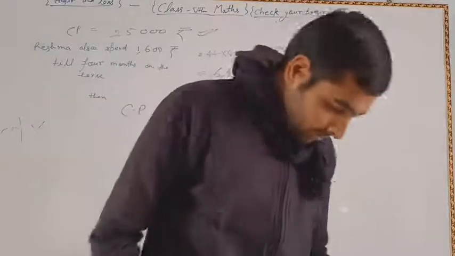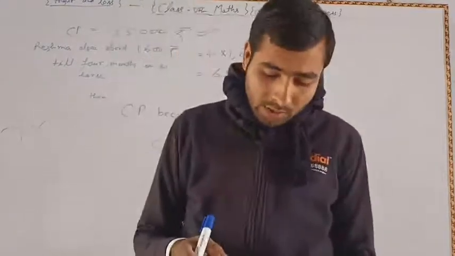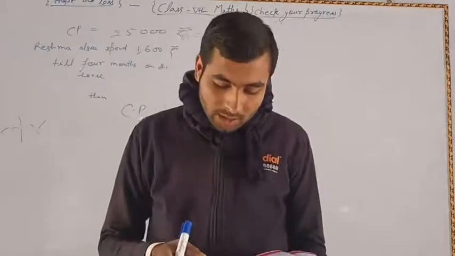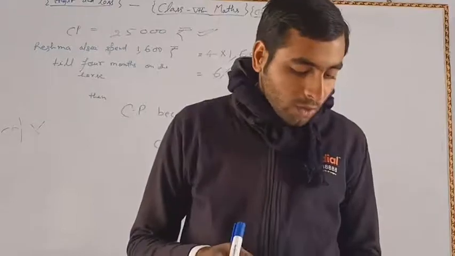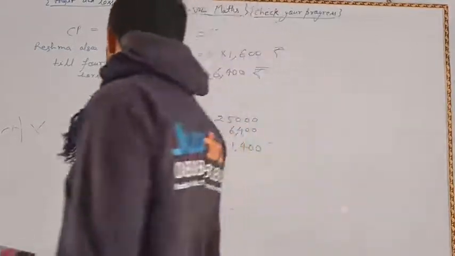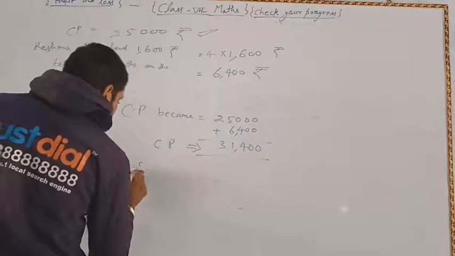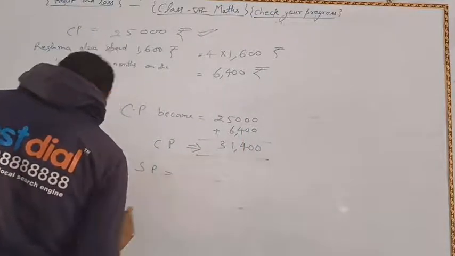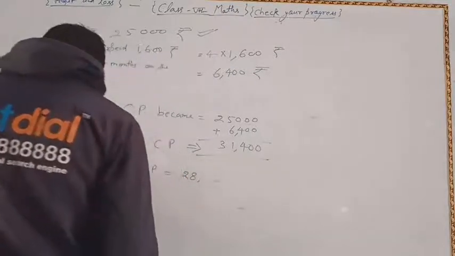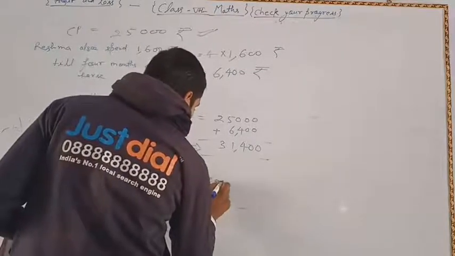Again here you see that it is written she sold this horse after 4 months for rupees 28,300. So here the selling price is also given. SP is equal to 28,300 rupees.